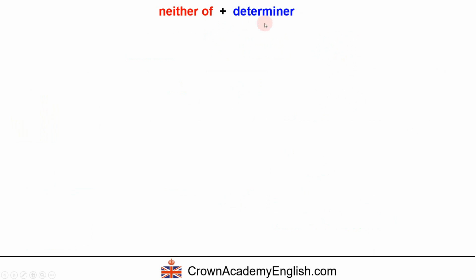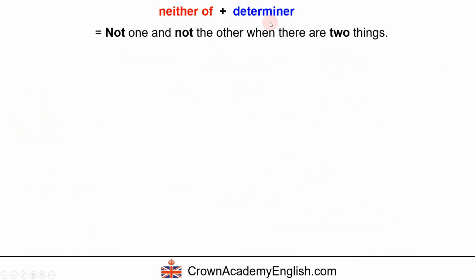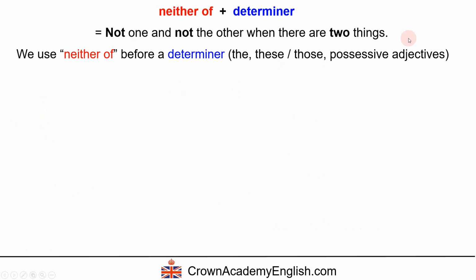Neither of followed by a determiner. It's the same meaning, so not one and not the other when there are 2 things. And we use neither of before a determiner, so again it is the, these, those, and some possessive adjectives.